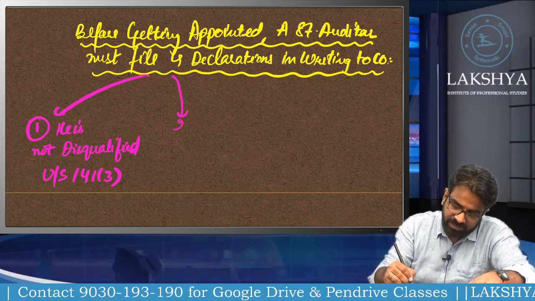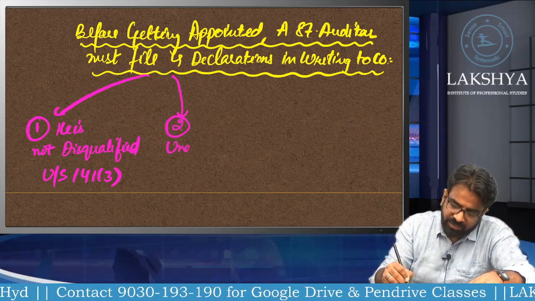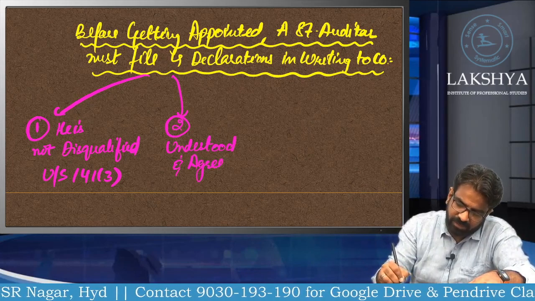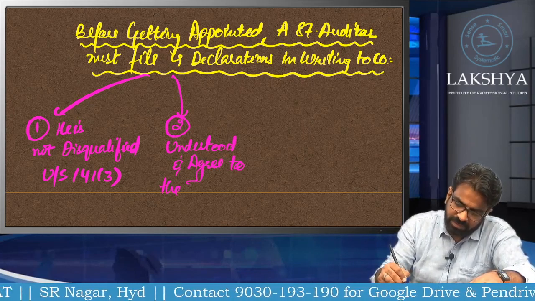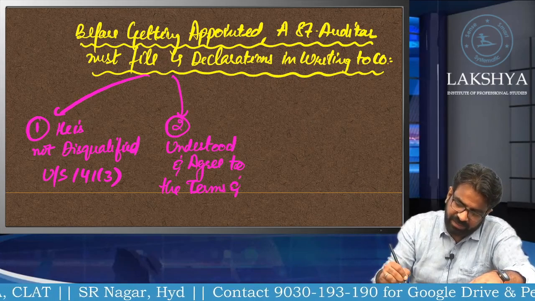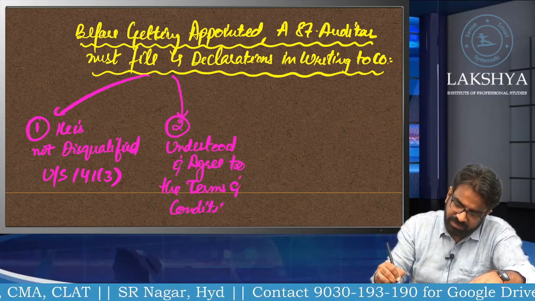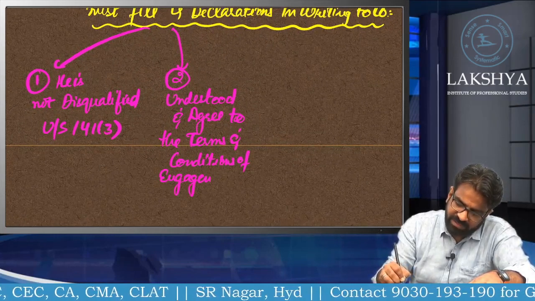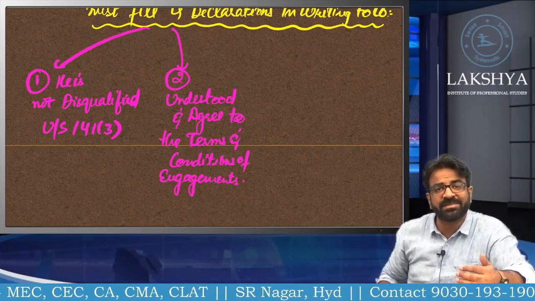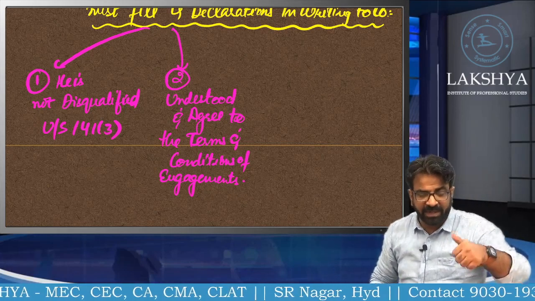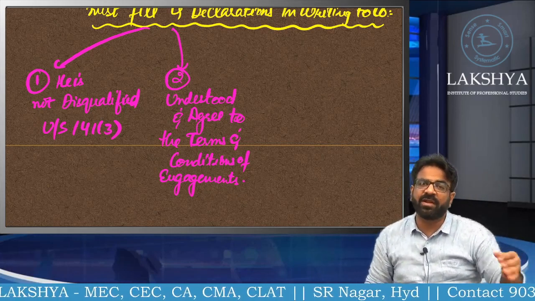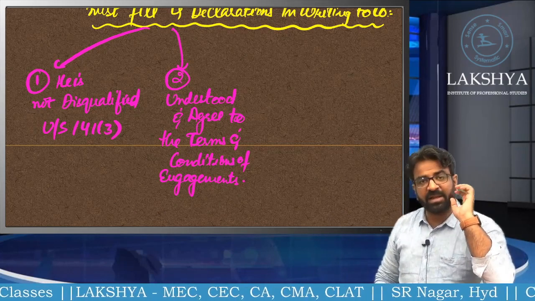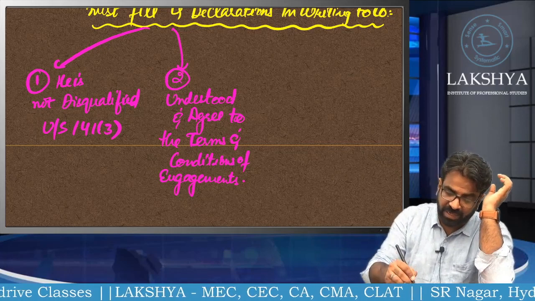Second declaration: he understands and agrees to the terms and conditions of engagement. So the first declaration is that he is not disqualified under section 141 subsection 3. Then he understands and agrees to the terms and conditions of the engagement.